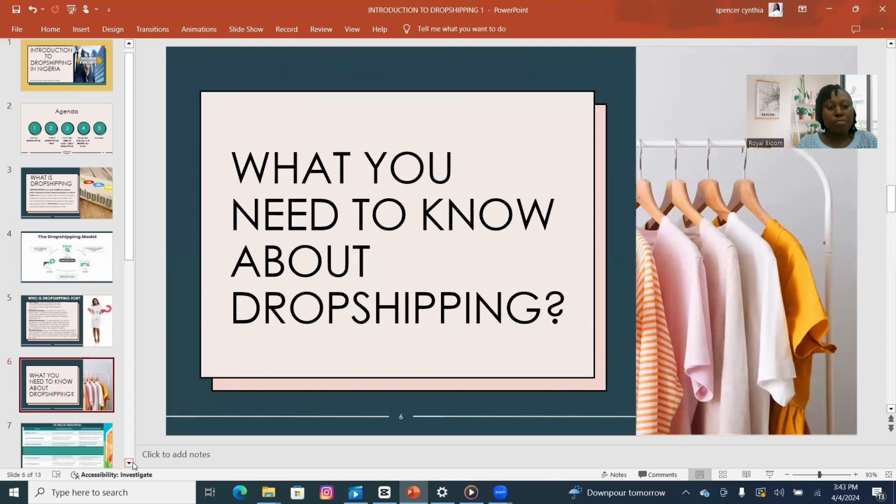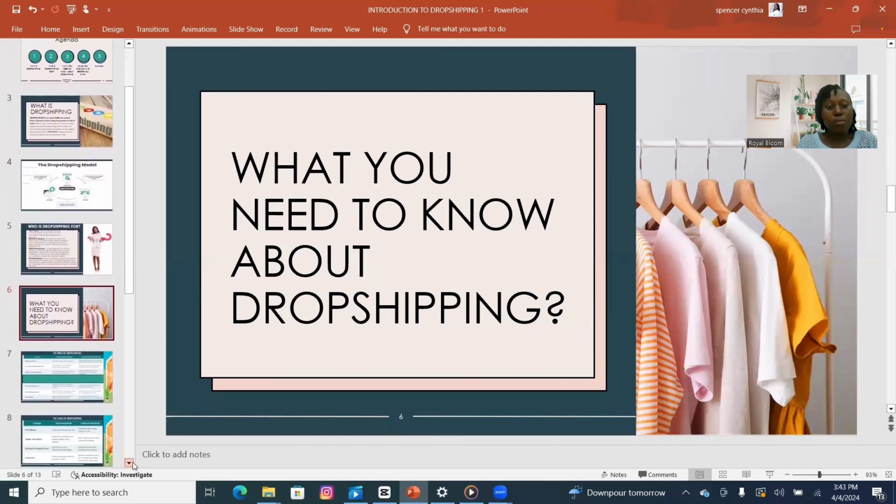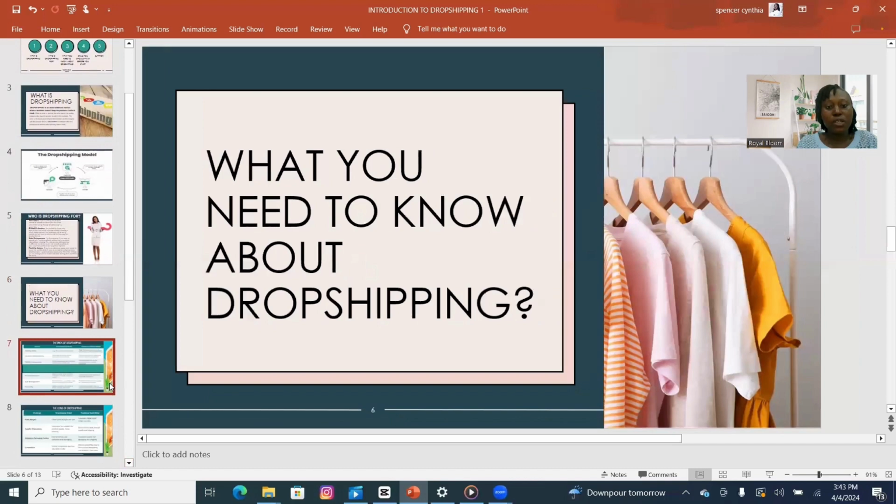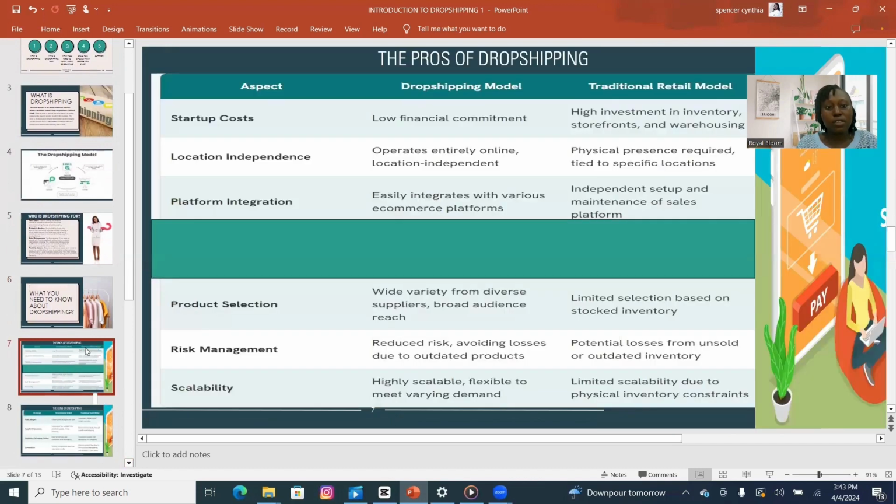So let's just see briefly what you need to know about dropshipping: the advantages and disadvantages. Very important. As a dropshipper, you need little or no financial commitment to start, especially in Nigeria.